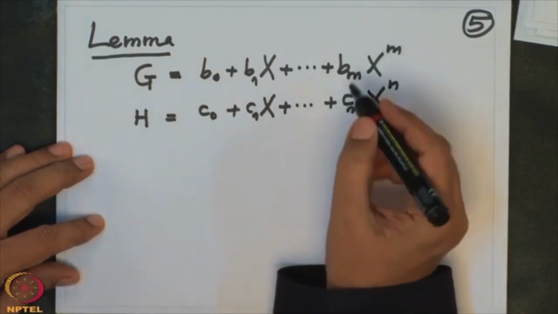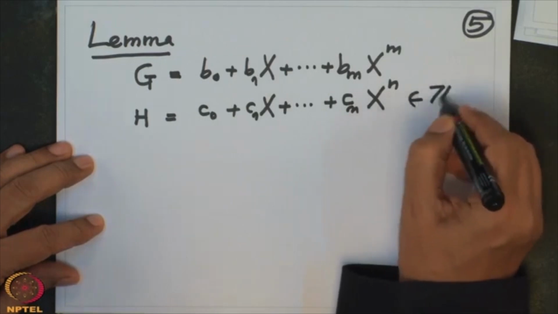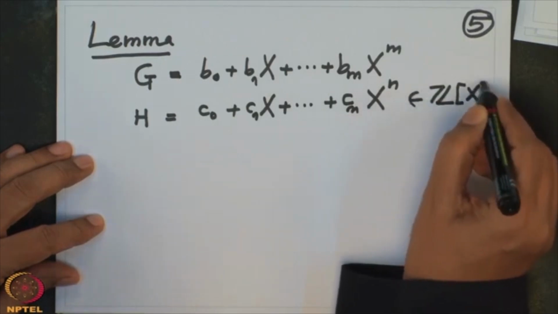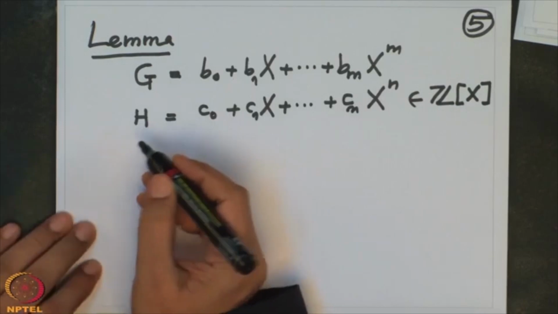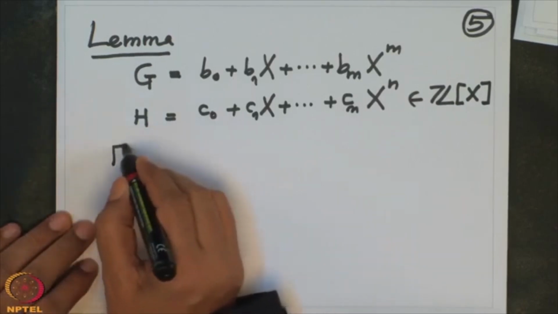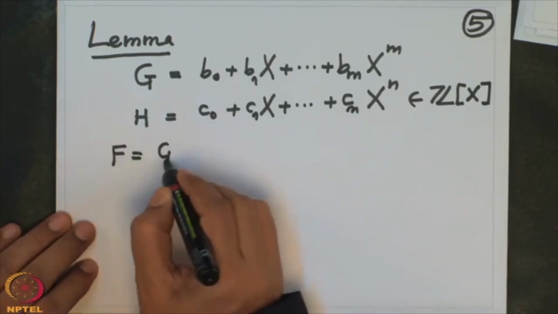These are two polynomials in Z[x], and I call their product f, g times h.